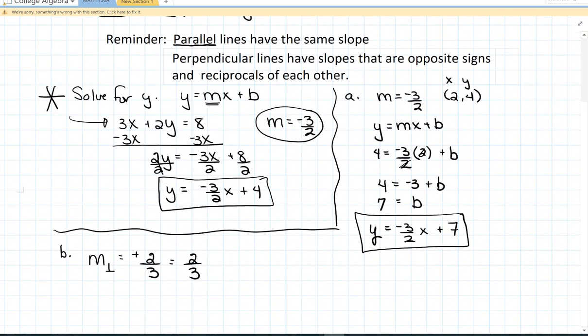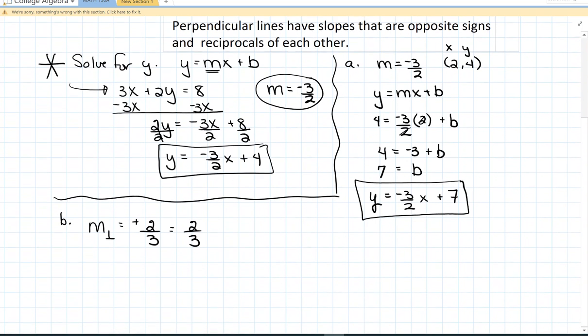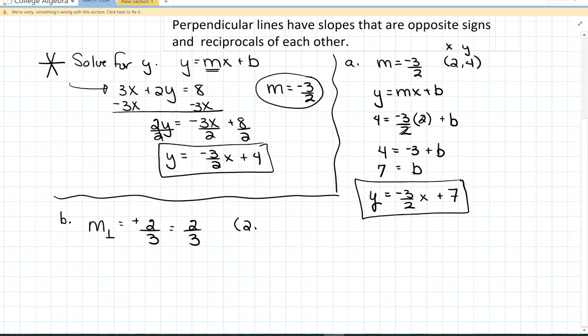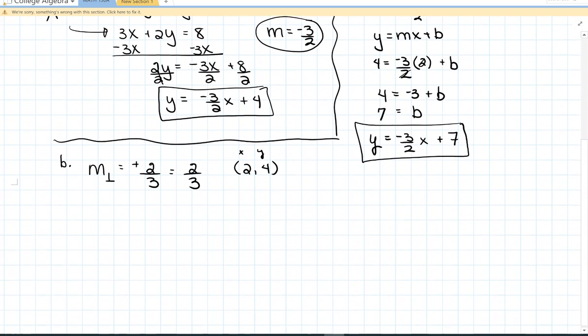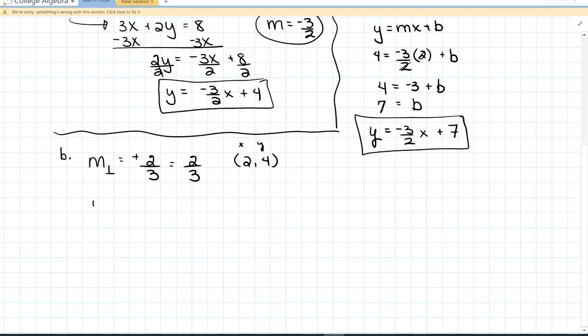And again, I've got my slope, I've got the point that I'm going through, and I write the equation of the line. So back to my y equals mx plus b formula. Plug in the slope, the x and the y. So my slope is 2/3 times 2 plus b.